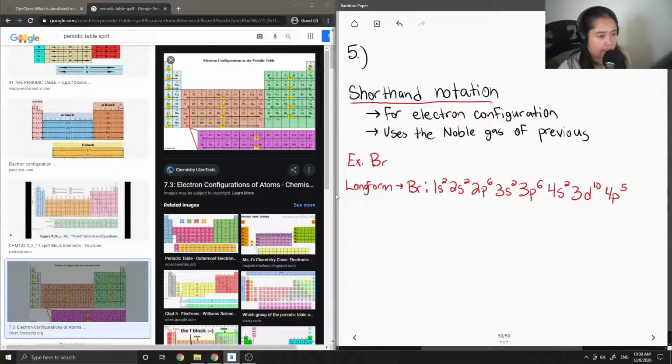So you can see how tedious and how long it takes to write the long form for the electron configuration of bromine. And it gets even harder if you were to go to elements in the F block, or if you were to do any of the elements in the 7th row. So that's why we can also use shorthand notation.